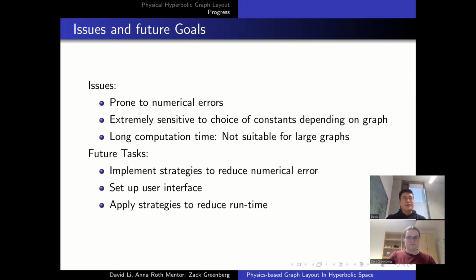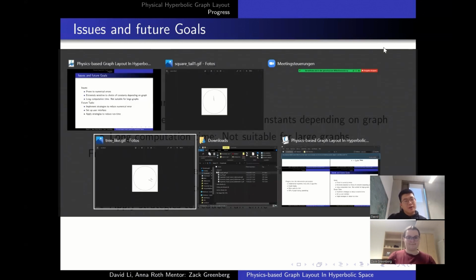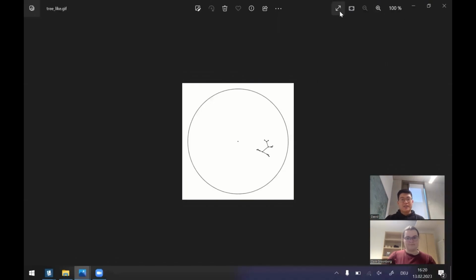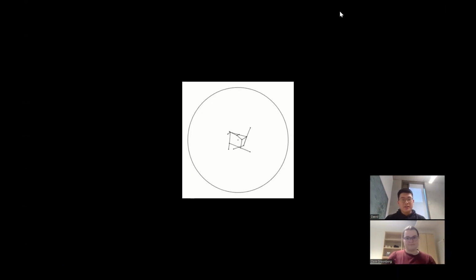Okay, so maybe to finish the presentation, we can show another example of our algorithm. And here you can see a tree-like graph. In the beginning, there's this random process, and then it's getting laid out by the ForceAtlas2 algorithm, and you can see slowly it gets to a state where it's staying the same.